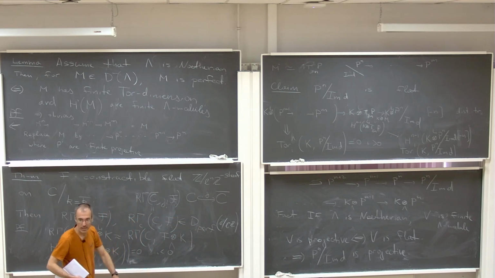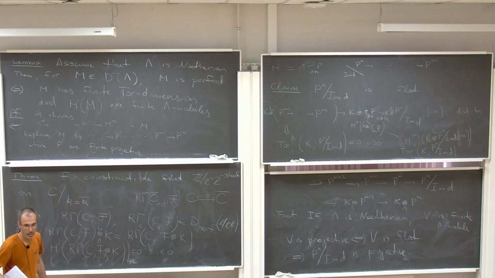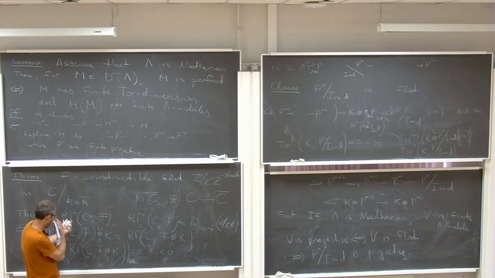Why is it bounded from above? If we take R gamma in general, well, we proved that homology of any sheaf on a curve vanishes in degrees greater than 2. So you take an injective resolution and then you truncate it. I know that this complex has homology only in degrees 0, 1, and 2.